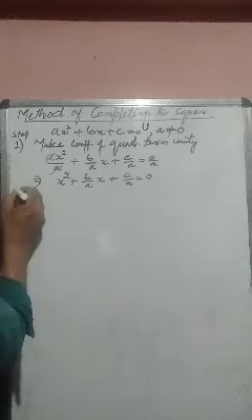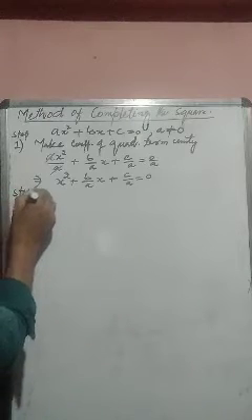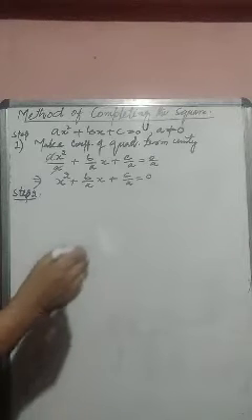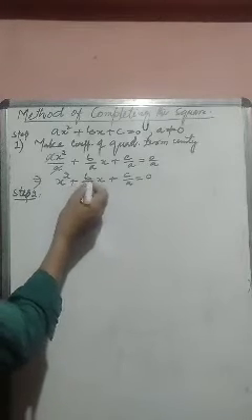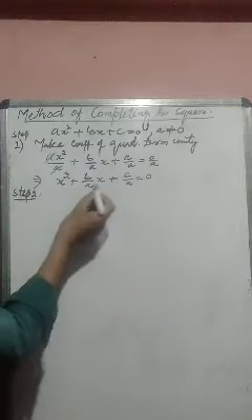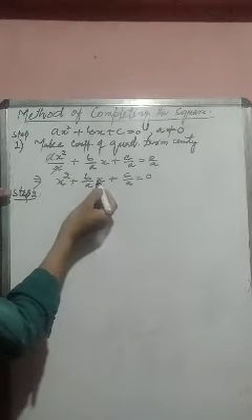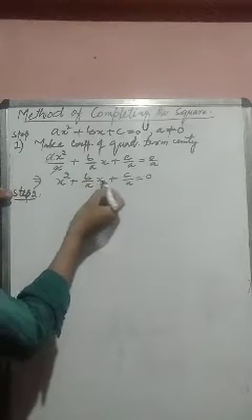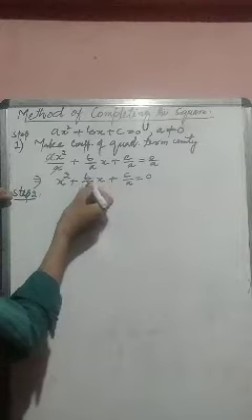Now the second step. Step 2 is to multiply and divide the coefficient of the linear term by 2. What is the linear term here? The term containing x. So it is b by a x. The coefficient of x is here b by a.